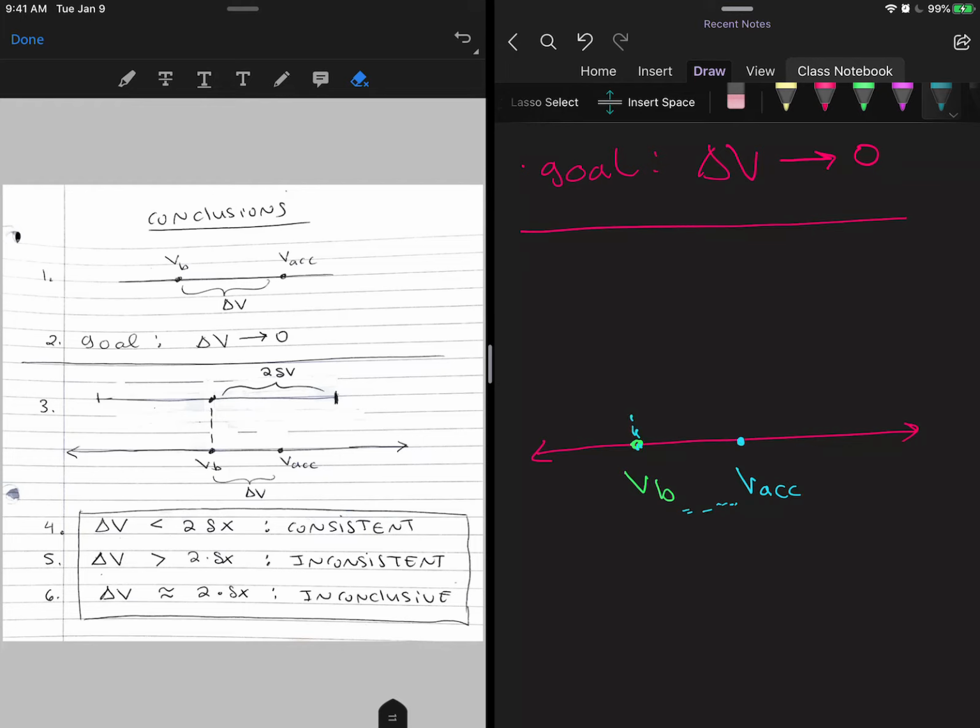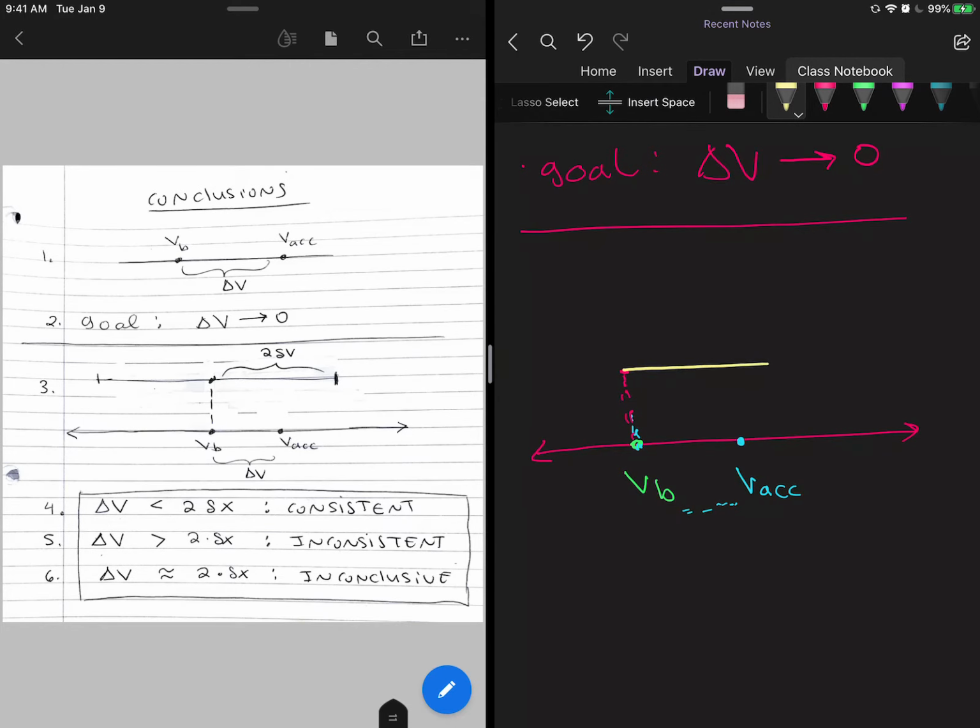Remember that the best estimate has an error. It has a range, so it's going to be best estimate plus some value, and then minus that same value again. And here, for a good experiment, we're going to take this value to be 2 times the error.